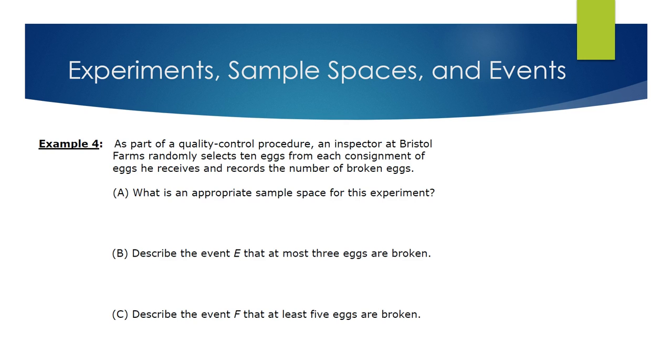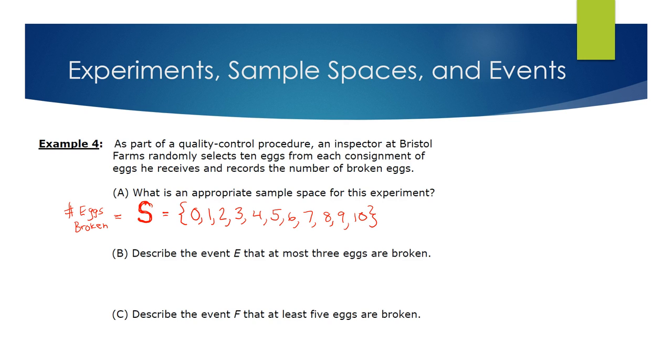Okay, so what is an appropriate sample space for this experiment? Since I have 10 eggs, and what we're looking at is the number of eggs that are broken, my sample space can range from 0 to 10. So it's going to be all integers from 0 to 10.